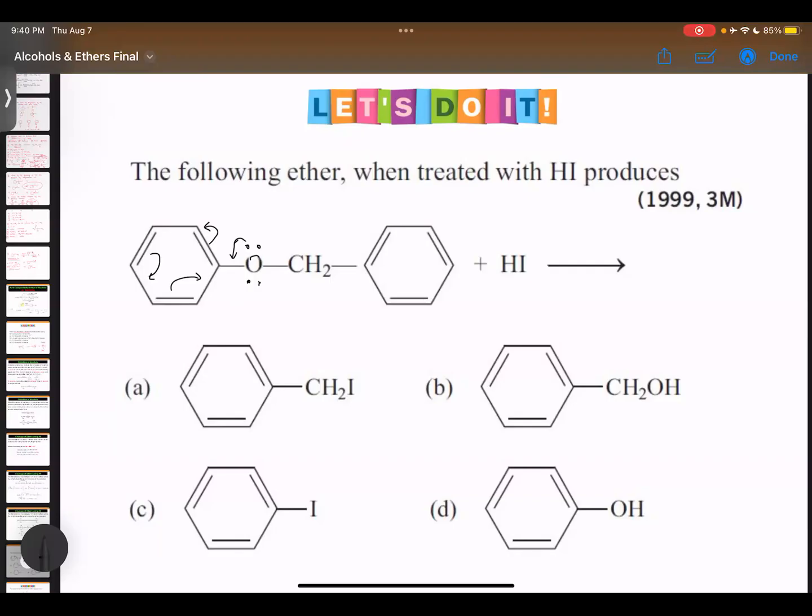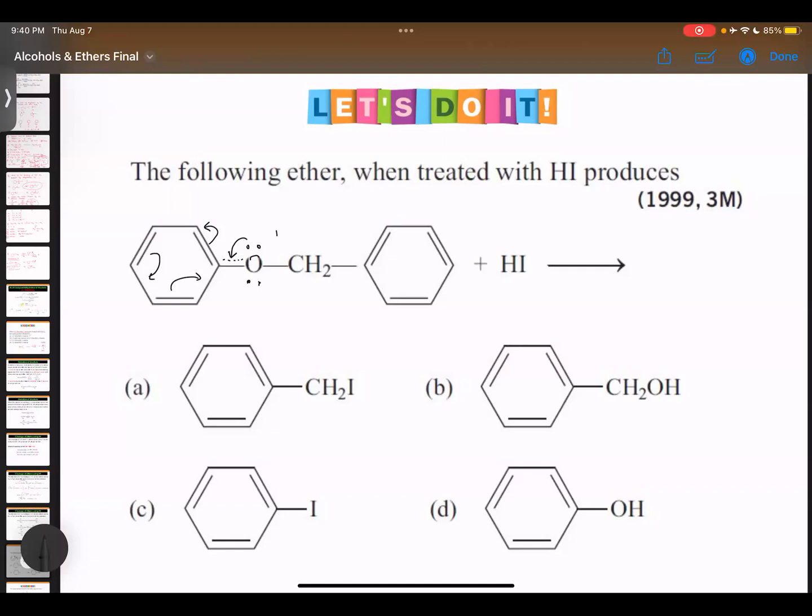Got it? So this bond, this side, will have a partial double bond character. It will not break so easily.